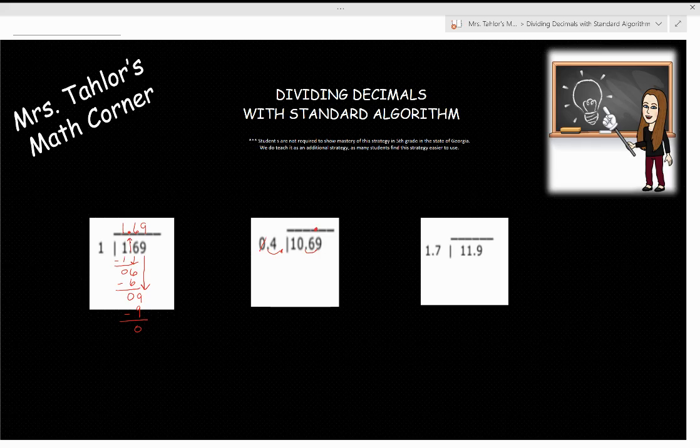I know that 1 divided by 4 would give me a decimal number, so I'm going to use 10 divided by 4. 4 times 2 is 8. 10 minus 8 is 2. Now I'm going to bring down the 6, which is my next digit in my dividend. 6 times 4 is 24. 6 minus 4 is 2. 2 minus 2 is 0.